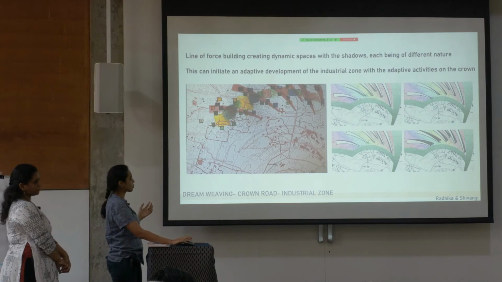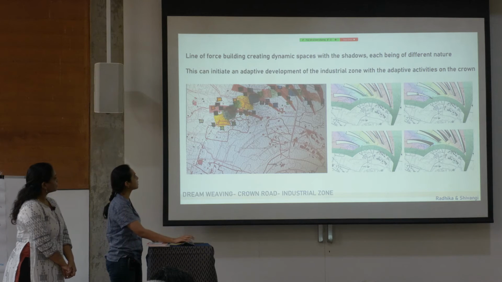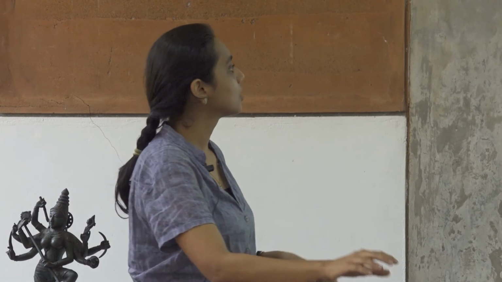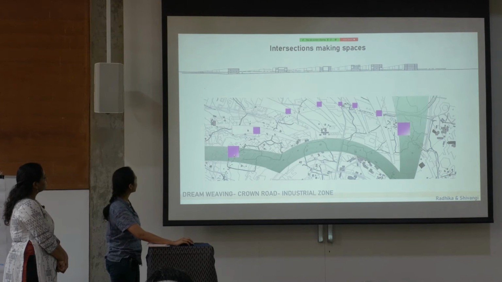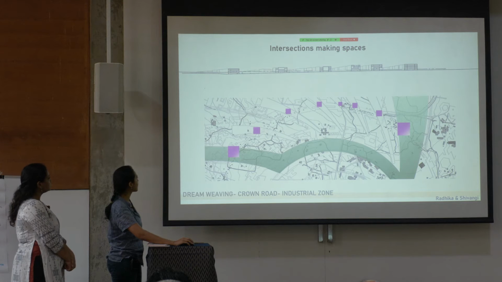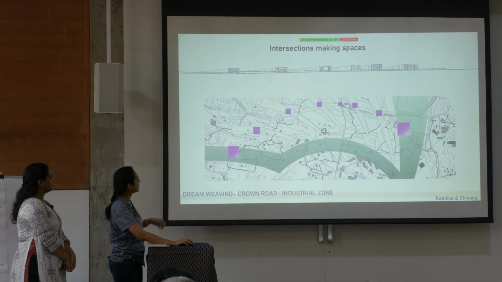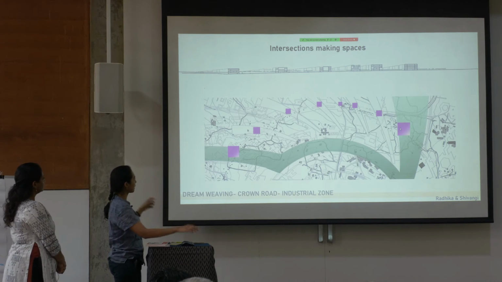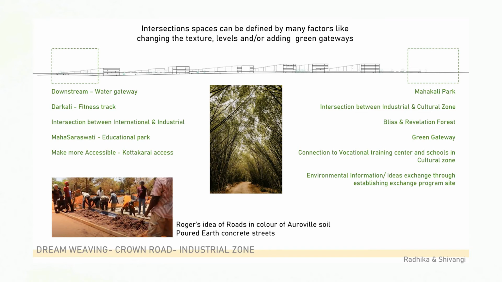Like we mentioned earlier, the seasonal shifts change the character of the crown, and adaptive activities can start taking place in this stretch. There is the park intersection, there are line of forces, and there is a park on the other side, connecting to the other zones on the sides.